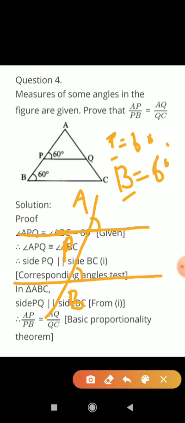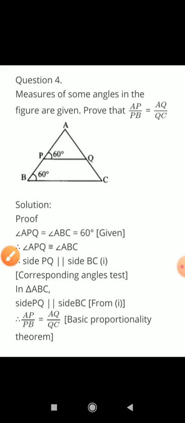So from this we can say PQ is parallel to BC, and if lines are parallel, then we can apply the basic proportionality theorem in the triangle, and therefore we get AP upon PB is equal to AQ upon QC.